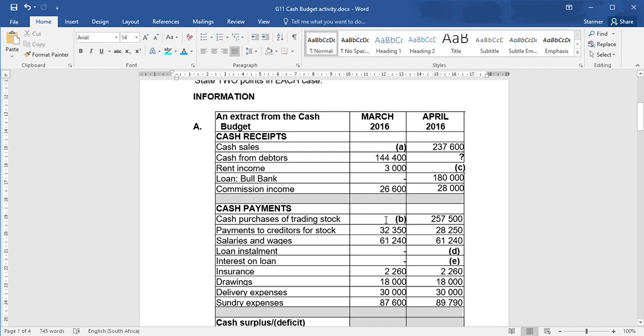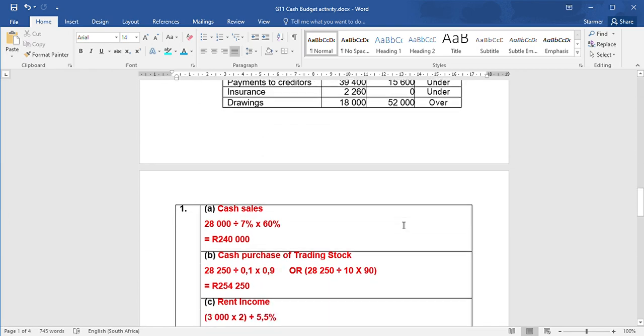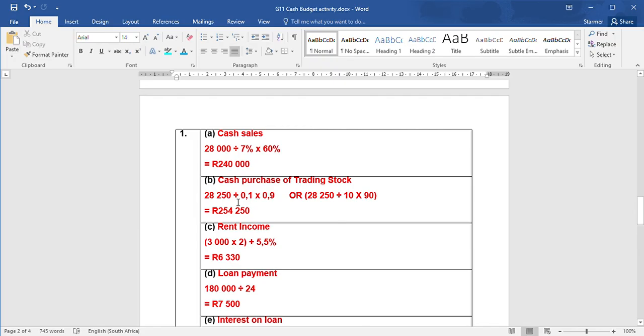So to calculate what you purchased for cash, you take the amount that they gave you and divide that by 10% because that was the amount purchased on credit, and to get cash purchase of stock, you times by 90%. Otherwise, you can take the amount you're given divided by what you're given, which was 10, and times by what you want, which is 90. You will get the same answer.